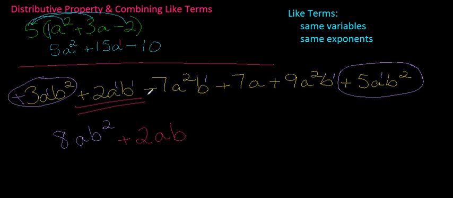Moving on, we can try to find another partner for this negative 7a squared b to the first. Be careful with this negative. Another a squared b to the first does exist over here with this positive 9a squared b to the first. Now remember your rules with integers.